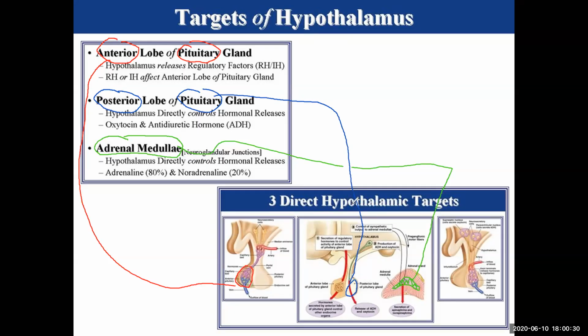So those are the three targets for the hypothalamus, a neural structure, right? A structure belonging to the nervous system that functions as the master switch, the big boss of the endocrine system.